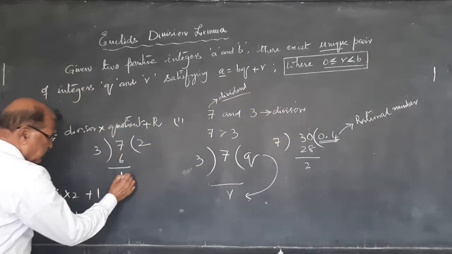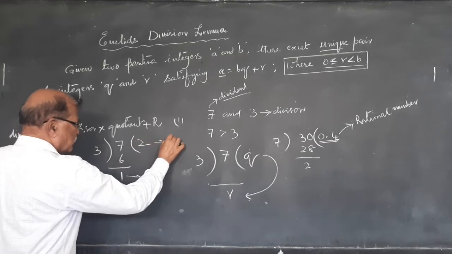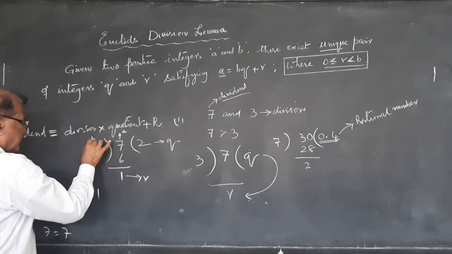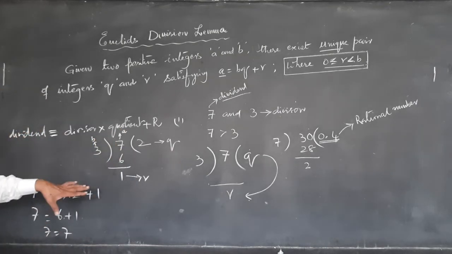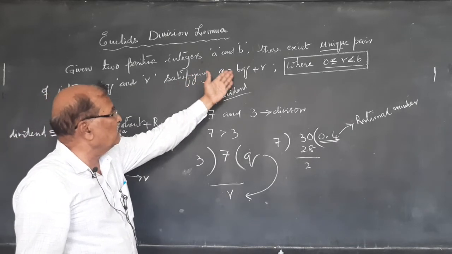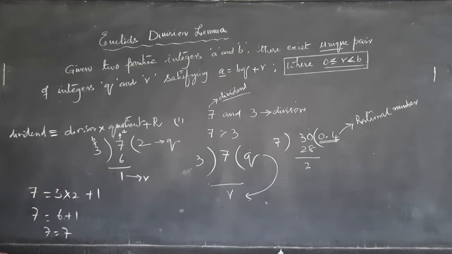Take this R, this is R. Take this Q, this is Q. This is A, this is B. I think you will understand very clearly the literal numbers, the unknown quantities A, B, Q and R. Now let us compare them.